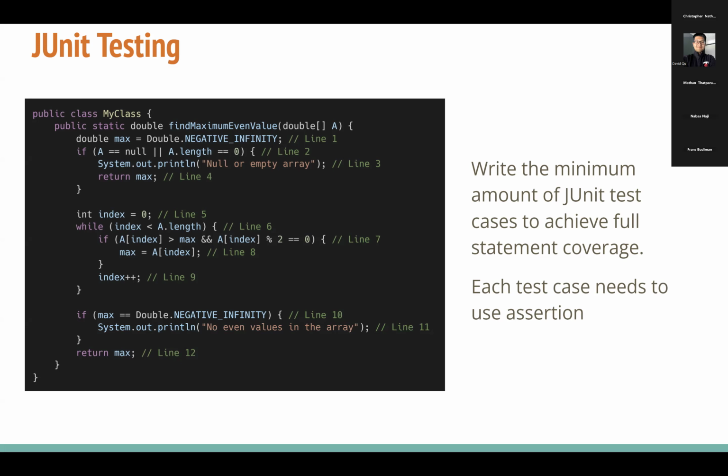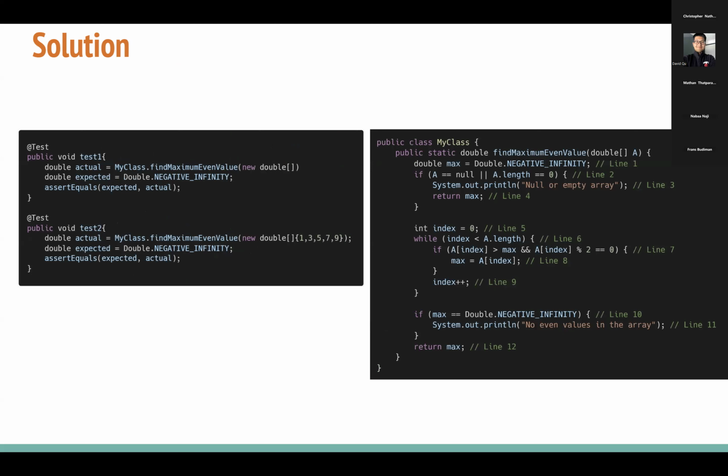All right, we'll go through the solution pretty quickly. So the answer is you just need two test cases for this. For the first test case, we run this code but with an empty list of doubles.